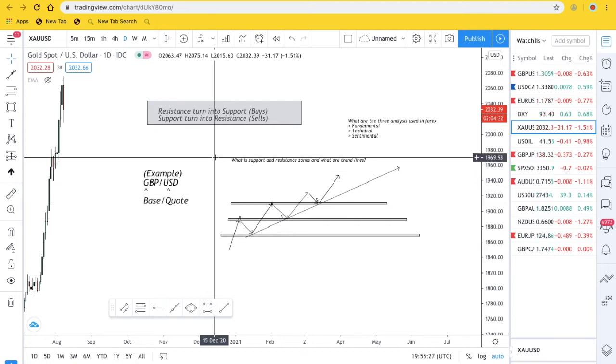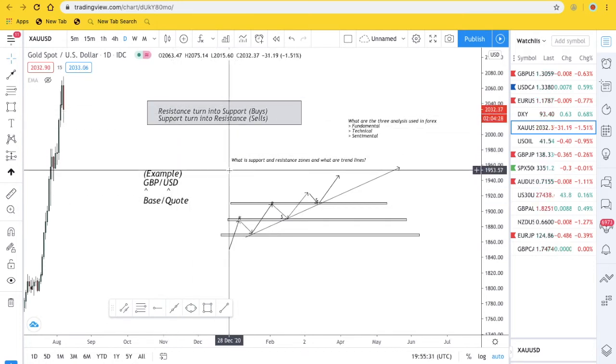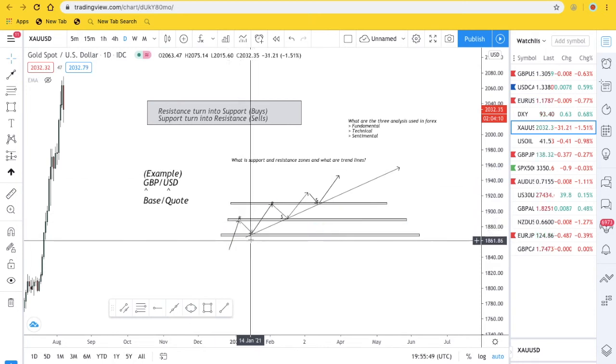In an uptrend, make sure you write this down, resistance will become support. What is support and resistance? So I want you guys to stand up and jump on the floor. When you jumped on the floor just now, did you go up? Exactly. That's what you call support.